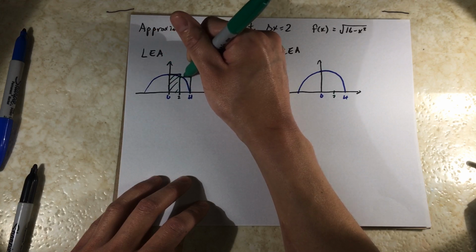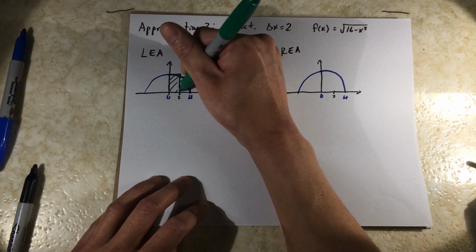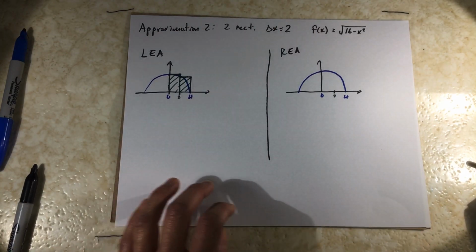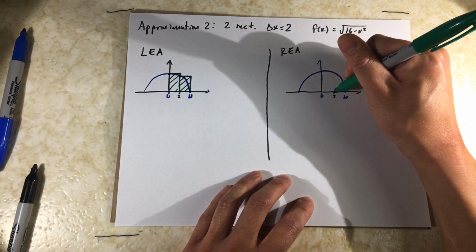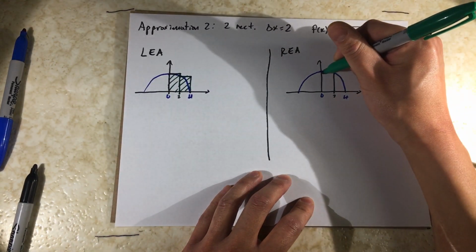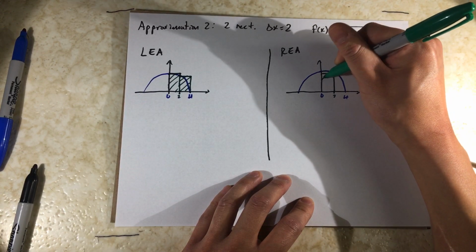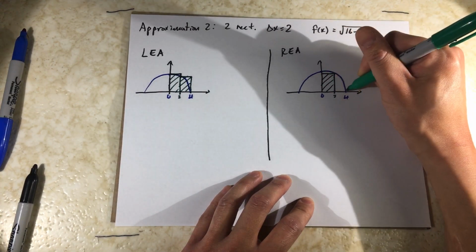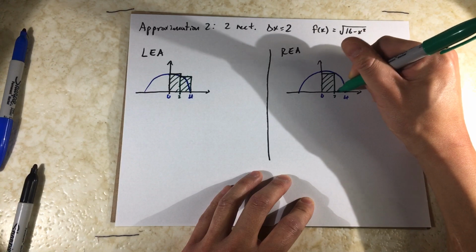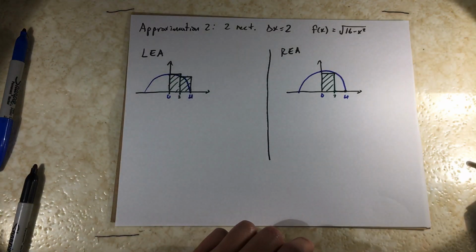Where it touches here, that's the height. So we have two rectangles there. And this time I'm going to start from the right-hand side. So you can see that I'm inside this function. And this is our other one, so we just get kind of a little 0 flat piece.